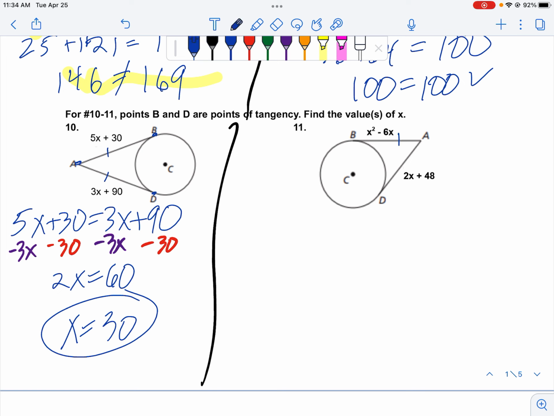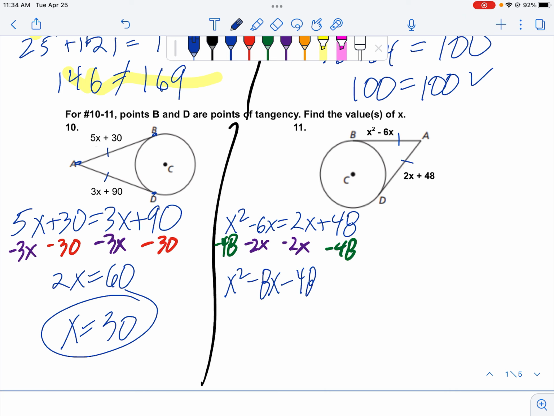Again, same idea. Both start at the same external point. They both start at A, so they are the same. They're equal. x squared minus 6x equals 2x plus 48. Subtract the 2x over. I have to factor because I only have x squared on one side. x squared minus 8x minus 48 equals 0.